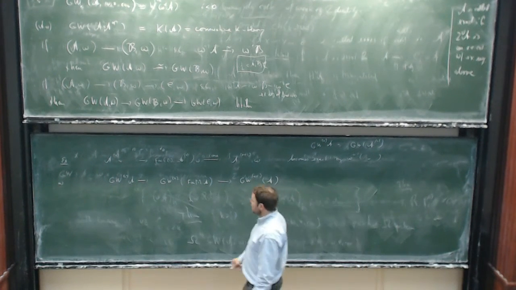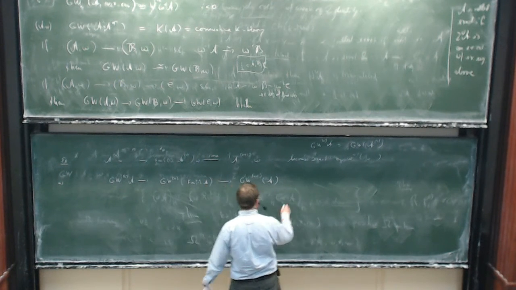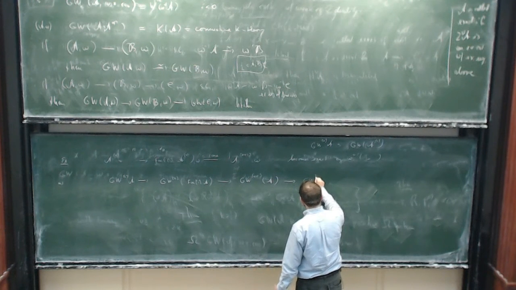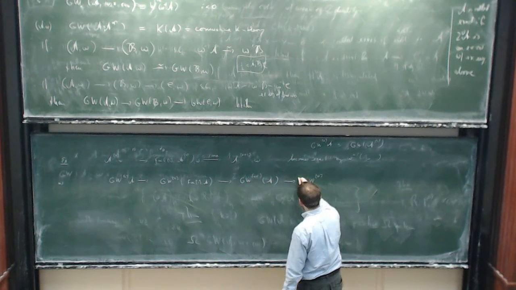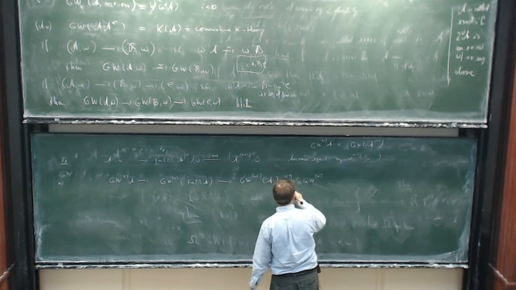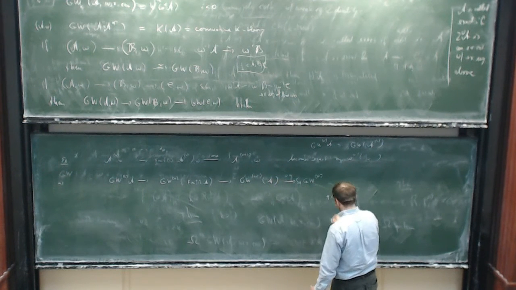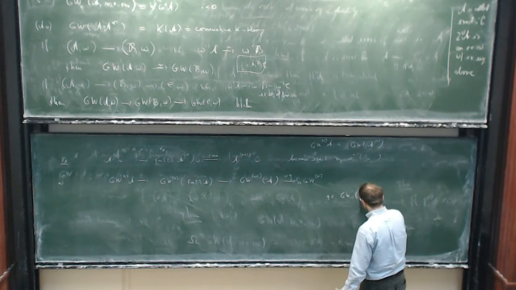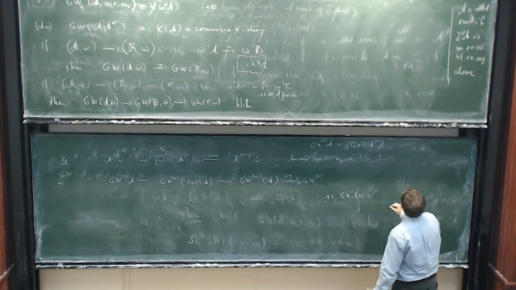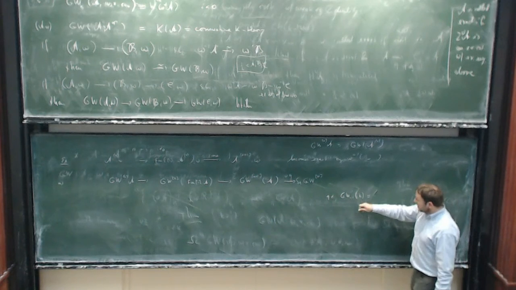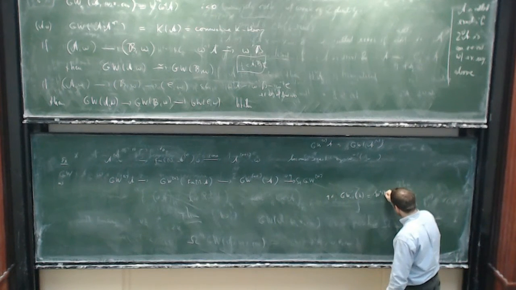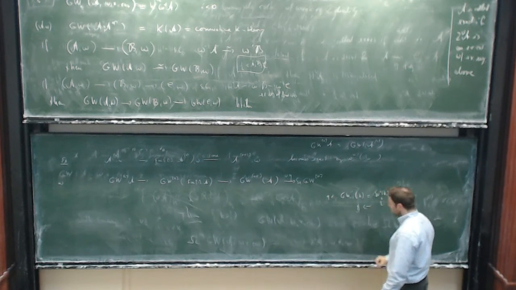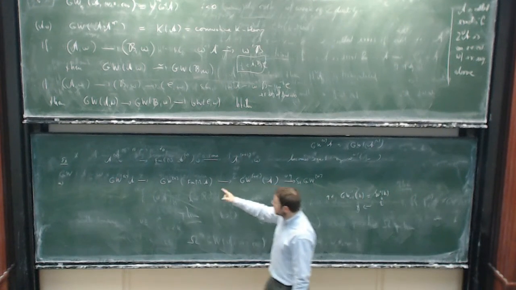There are various things to say about it. First of all, you can actually determine what the next map is. This is coupled with a certain element, where eta is an element in your ground ring GW minus 1 of K, which is, by the identification of negative ones, just the Witt group of K. So you have again 1 in here and an eta here, which corresponds to here. So we take that.